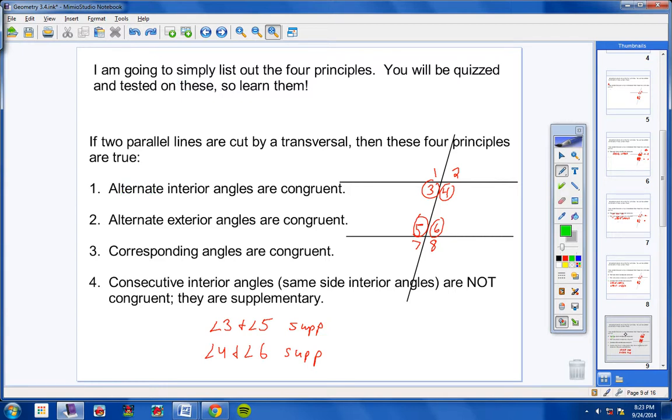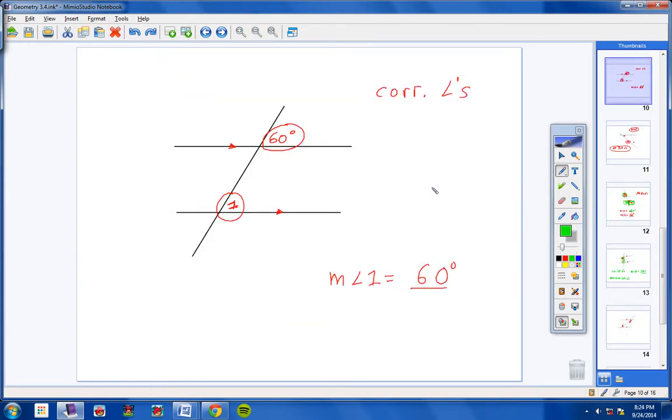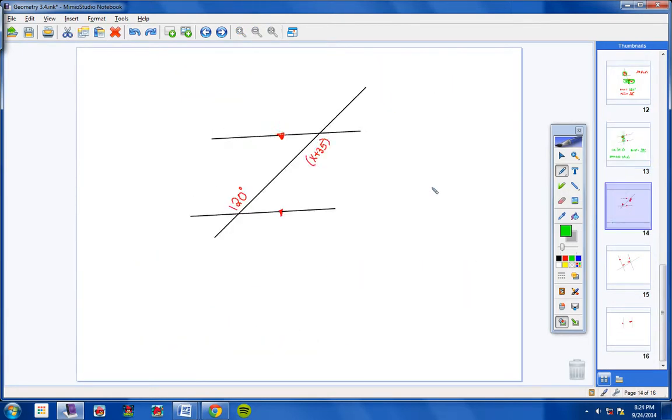So with that in mind, this angle here and this angle here have to be congruent or equal. So I can definitely state that x plus 35 equals 120 degrees, because this angle is congruent to this angle.